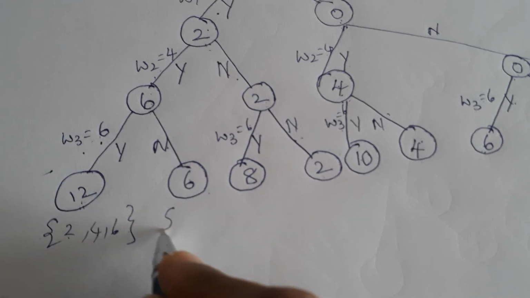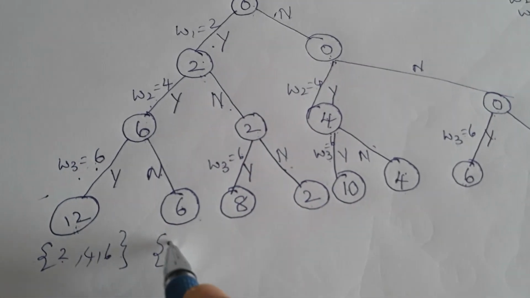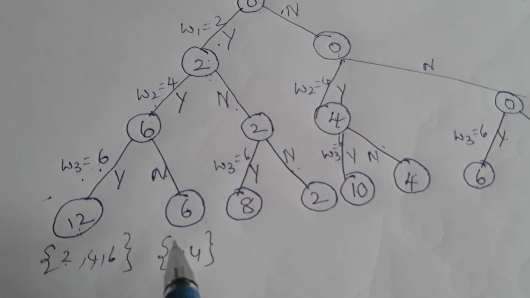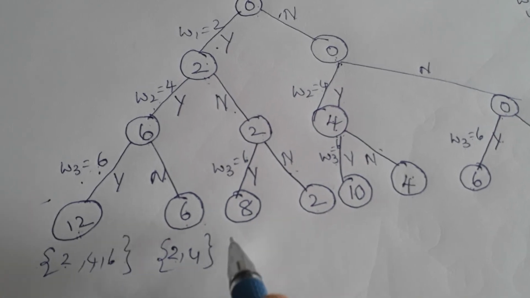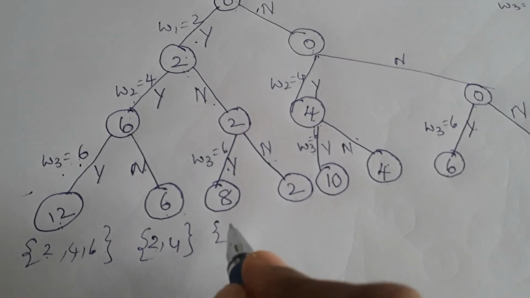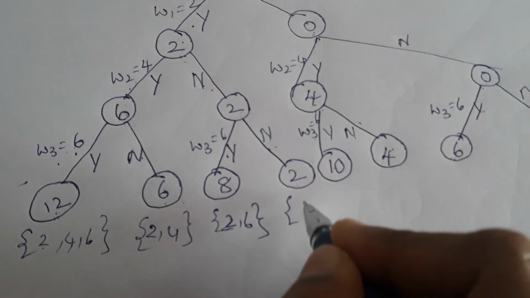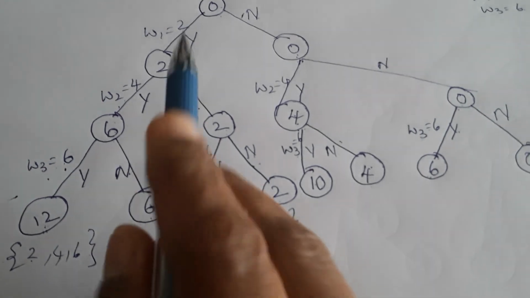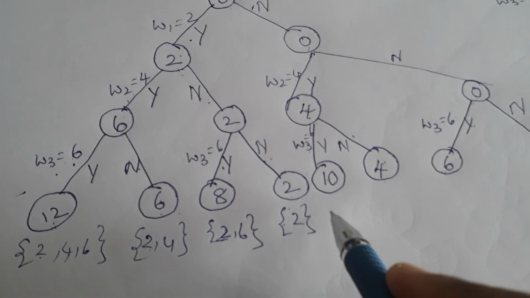Here the subset formed is 2, 4, so the sum of the subset is 2 plus 4, that is 6. Here the subset used is 2 and 6. And here the subset with a single element 2, where 4 and 6 are not considered.